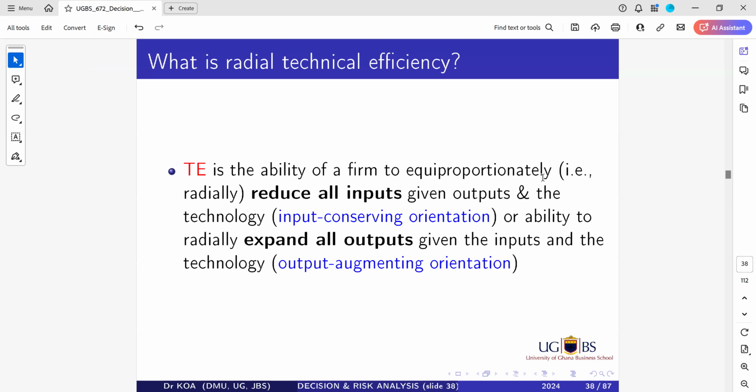The non-radial efficiency is an efficiency that disconnects the proportion. So that one, you can reduce the input by 10% and rather reduce the other input by 20%. In fact, you can reduce one input by 90% and reduce the other input by 10%. In fact, you can reduce one input by 100% and reduce the other input by 0%.